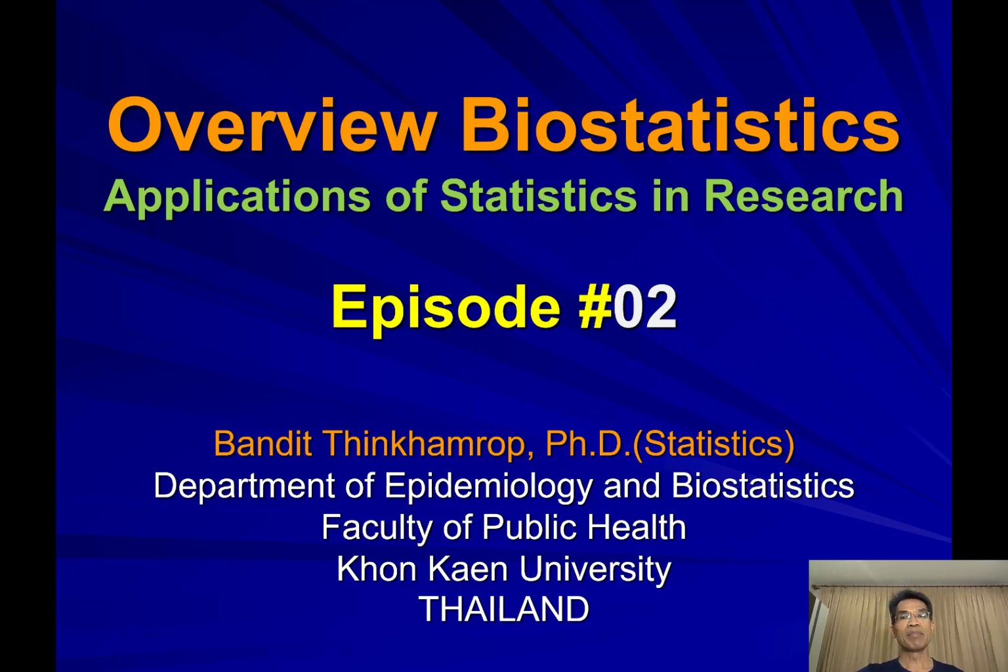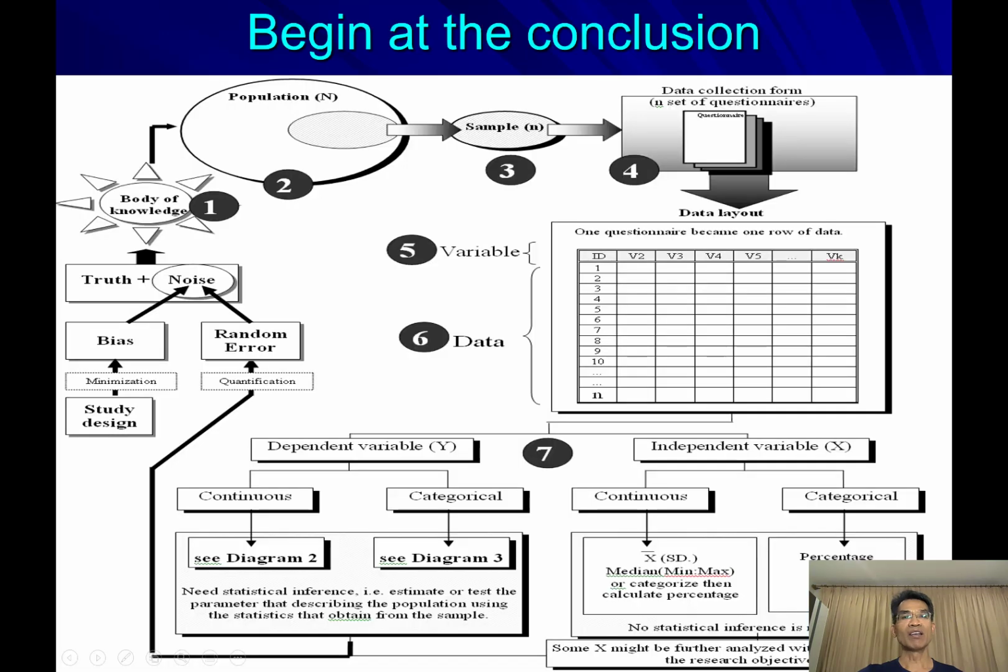In this episode of Overview Biostatistics, I continue this flow, beginning at the conclusion. So from here, to be more clear, we will look at the abstract of a research.